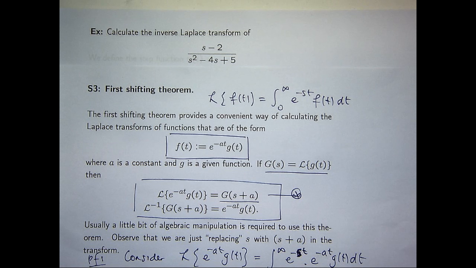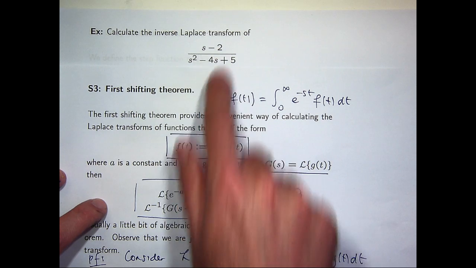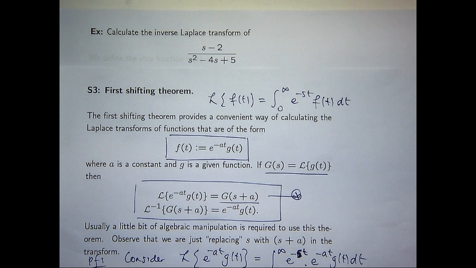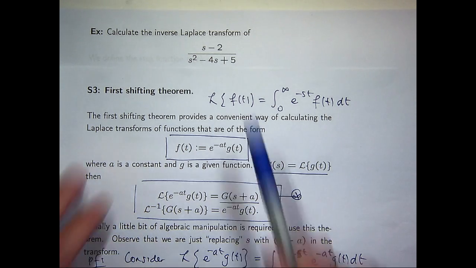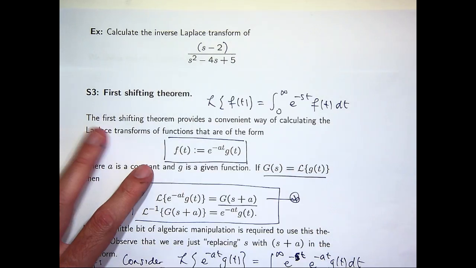Now if you look closely, what we really want is a form like this up here, but it doesn't look exactly like this for some a and some big G. But what we can do is play around, and you see I've got an s minus 2 up there.